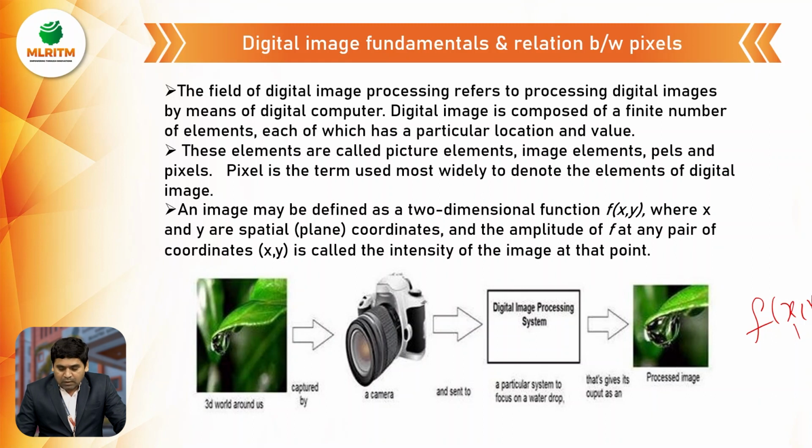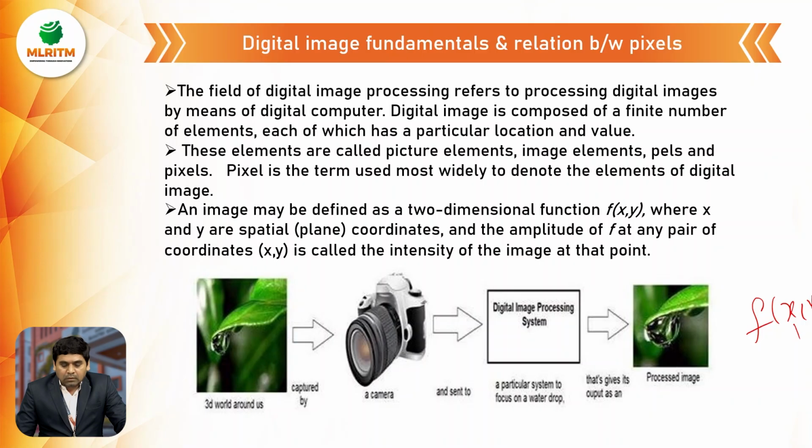When I discuss how to represent an image, I will discuss the representation of an image. Now x comma y are spatial coordinates or plane coordinates, and the amplitude of f at any pair of coordinates is the intensity or gray level value.